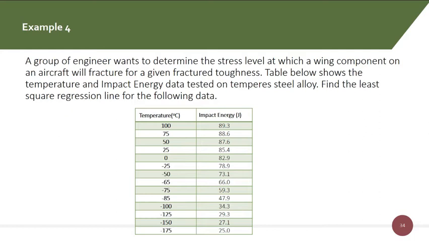Therefore, the temperature is the independent variable on the x-axis and impact energy is the dependent variable on the y-axis. Now we have already determined our x and y. It is important to know which one is your x and which one is your y before you start calculating to find the least square regression line.